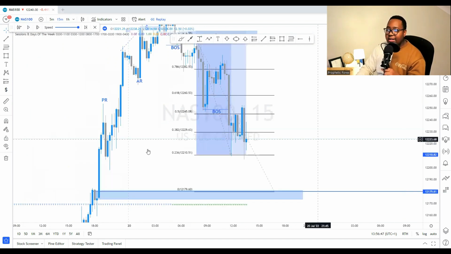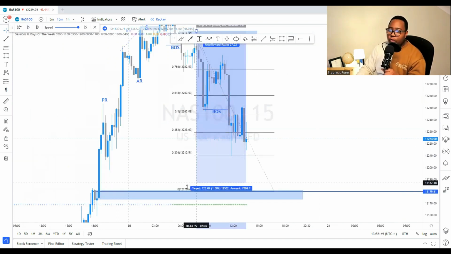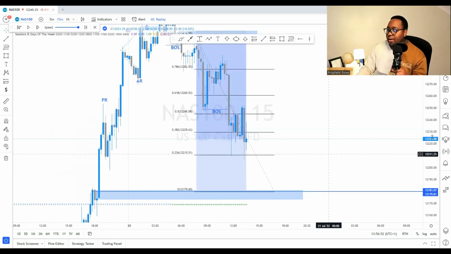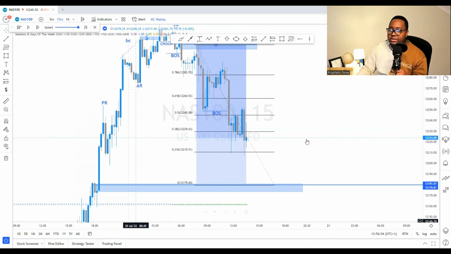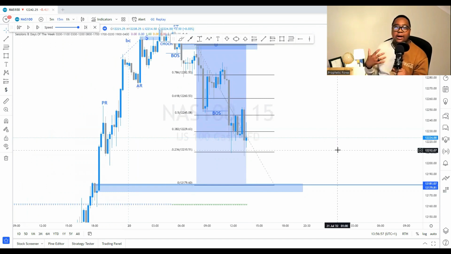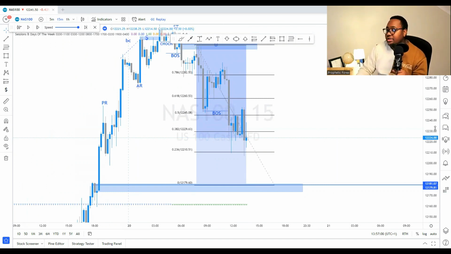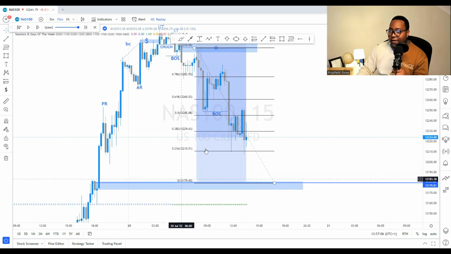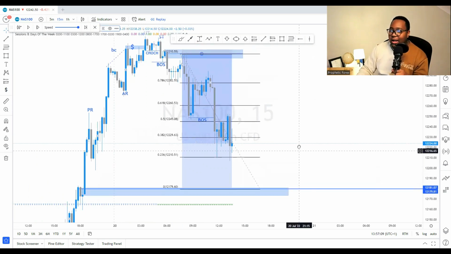Now initially I anticipated that the market will go here, and I believe it will still go all the way to that POI, where it will just mitigate it right at the New York Stock Exchange opening bell, which is going to be taking place anytime soon. So this was my initial, as you can see, we do have this Fibonacci level. So I use a very unorthodox but very profitable way of taking profits.